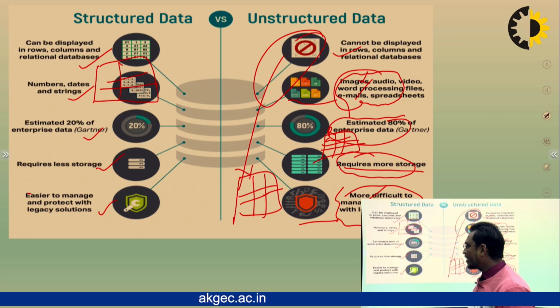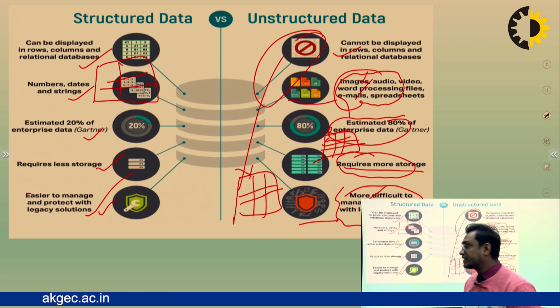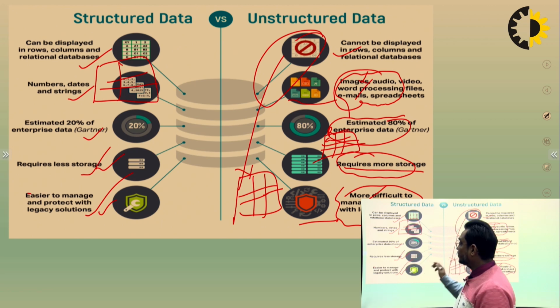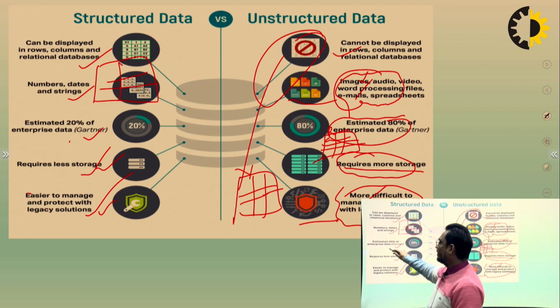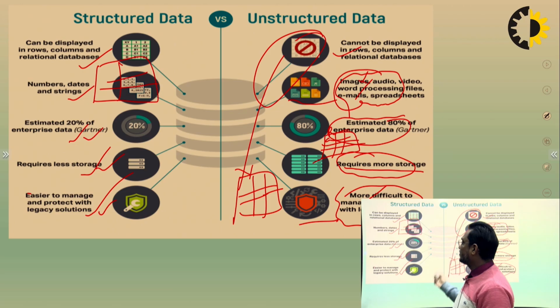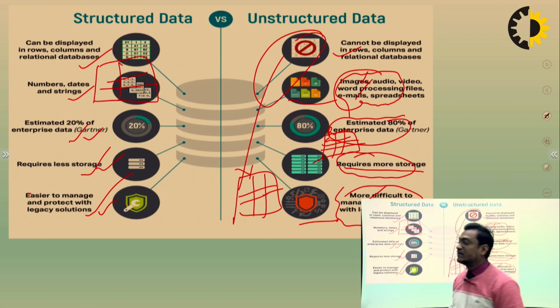But if you're talking about structured data, it is easy to manage, easy to protect. It requires less storage in comparison to unstructured data, and 20% of enterprise data is available in a structured way. Numbers, dates, strings are available in a structured manner and can be displayed in rows and columns in tabular format.